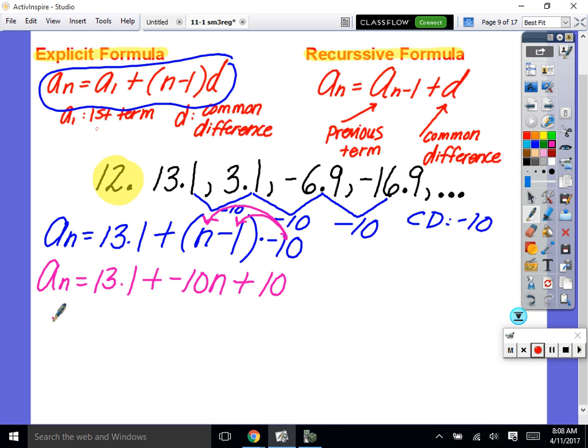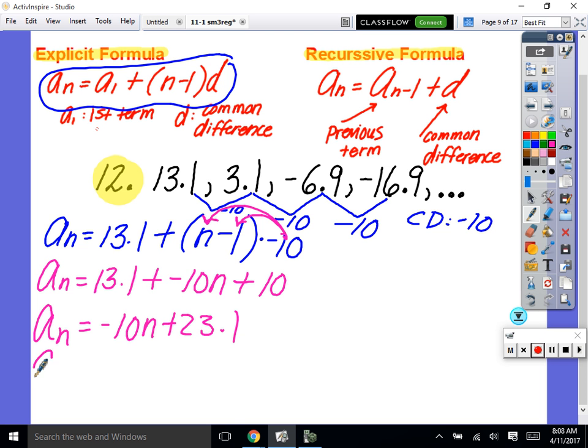So combine like terms. Any term in this sequence can be found by taking, let's add up like terms here. So isn't that 23.1? Perfect. So we have negative 10n plus 23.1. That is how we can find any term in this sequence using this formula.